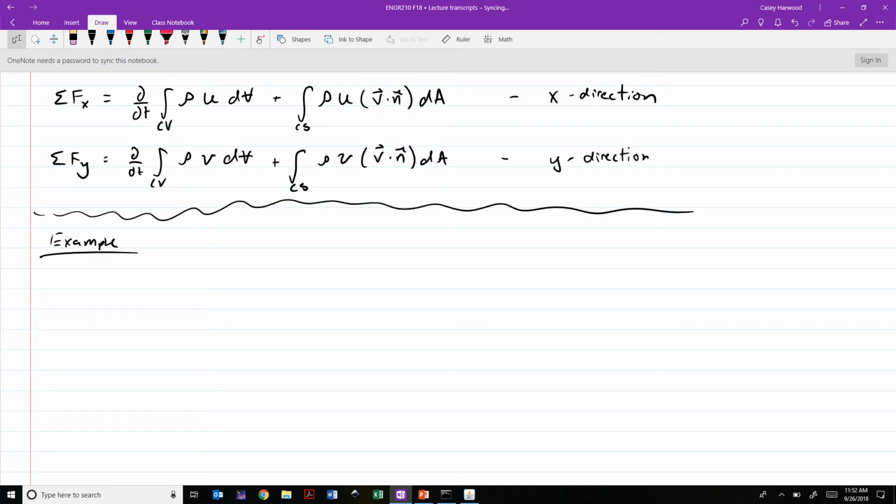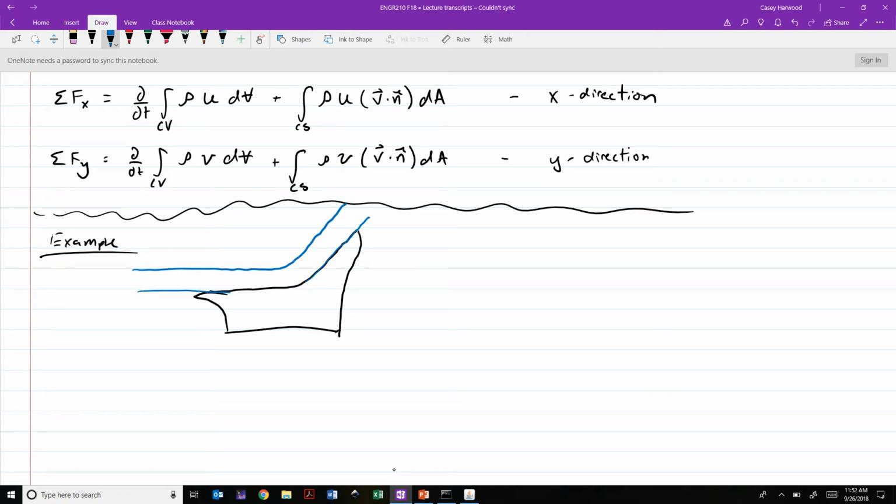Okay, so our example has this vane and this jet of water, and it's being redirected by the vane.